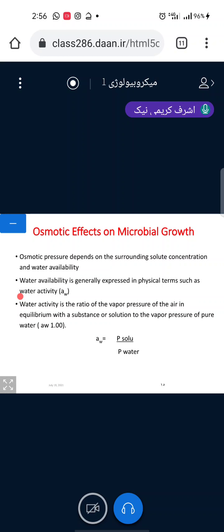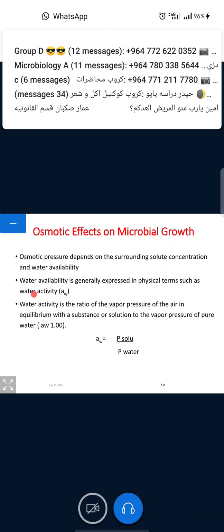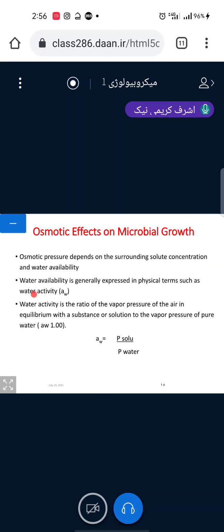Water activity means water availability in organisms. Water activity is the ratio of the vapor pressure of the air in equilibrium with a substance or solution to the vapor pressure of pure water.